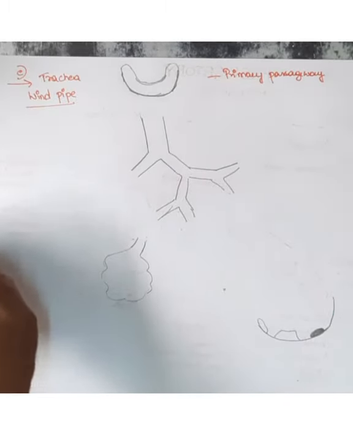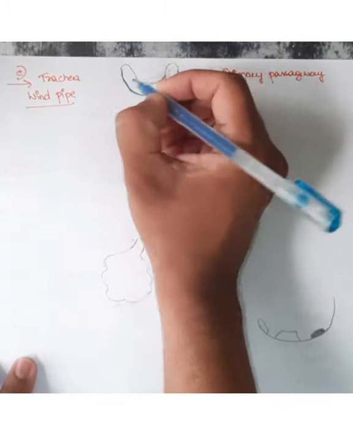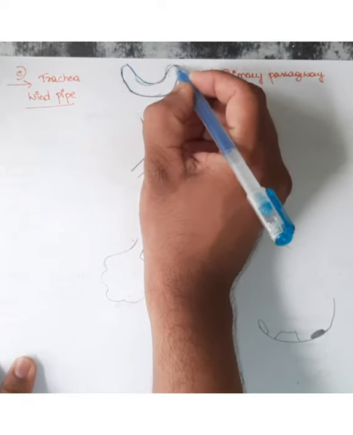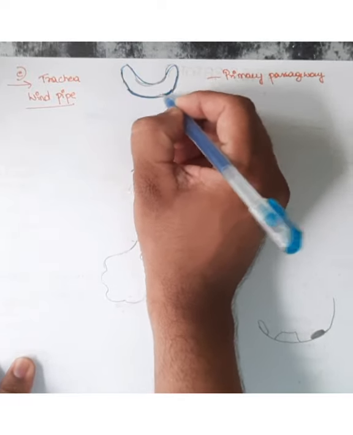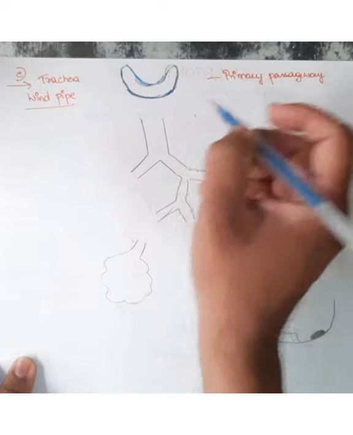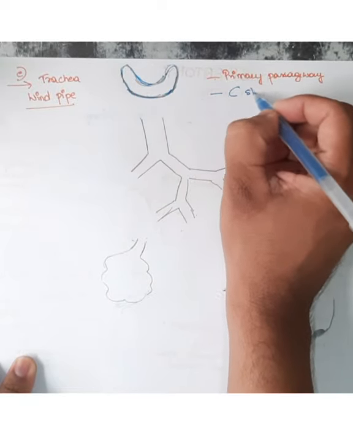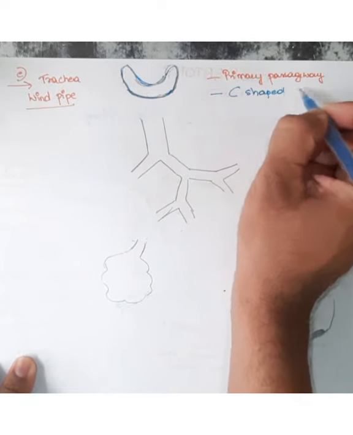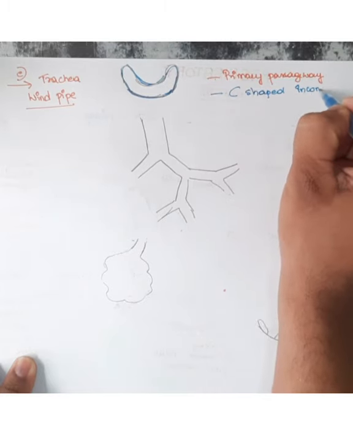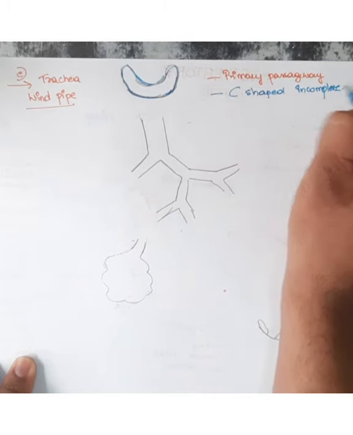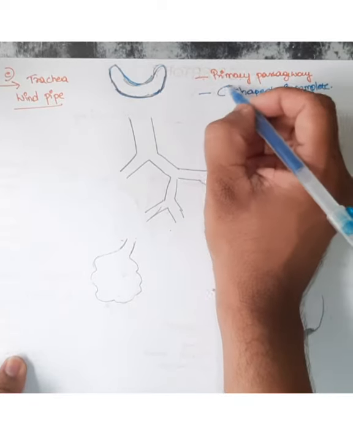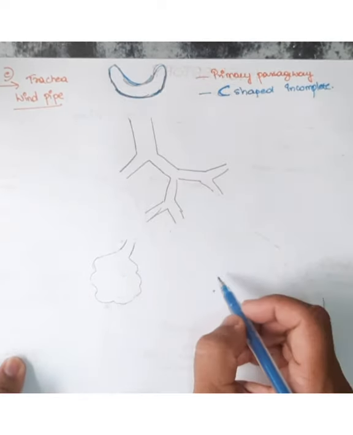It is made up of cartilaginous rings. But most importantly, these cartilaginous rings are C-shaped and they are incomplete. That is, they are not joined, especially in the dorsal position.